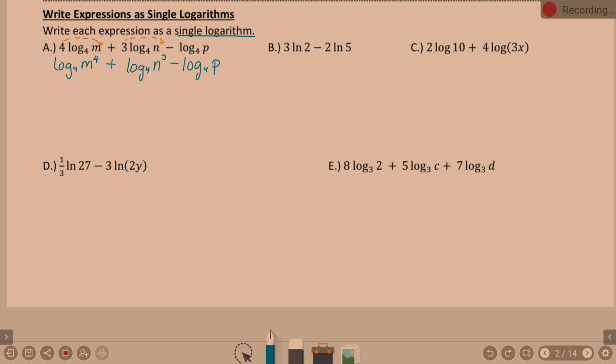So how am I going to rewrite these two logs? Log base 4 of m to the 4th, n to the 3rd, because two logs being added can be rewritten as one log where the insides are multiplied. And then we still have minus log base 4 of p.